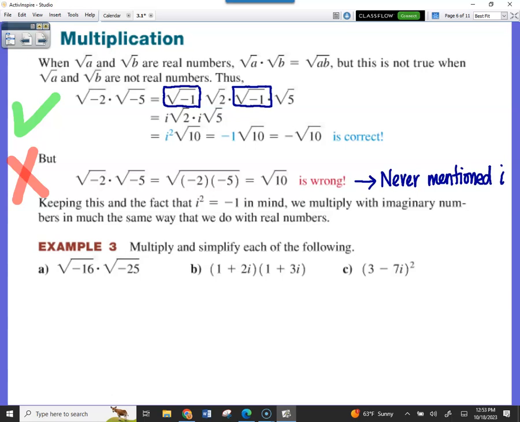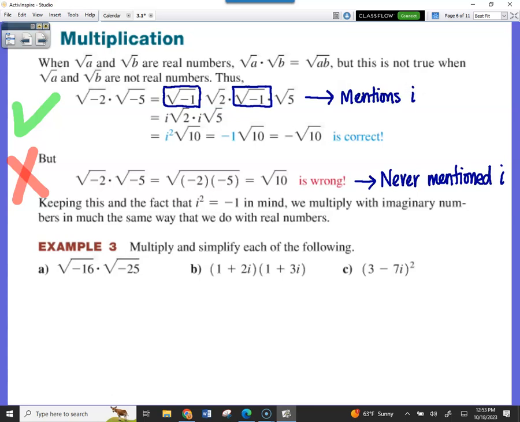So the correct answer is the negative square root of 10. Now you might be thinking, well, it doesn't have an i in it either, but it did right here. That's what makes this correct. This never mentioned i at all, which is why it's wrong. So be careful there. We'll make a note: this mentions i. That's why that one's correct.